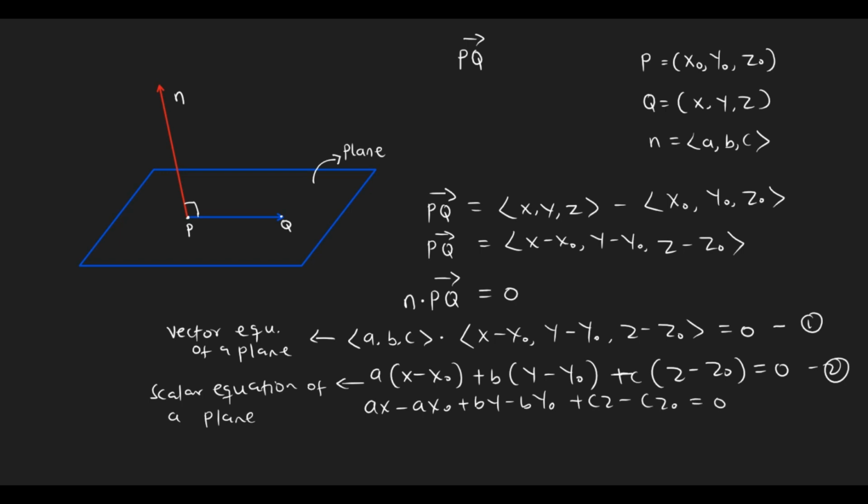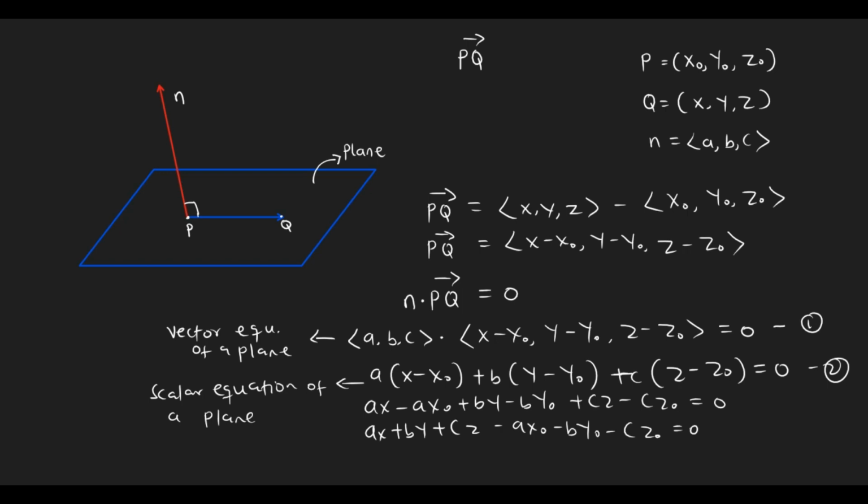So we are going to group terms here. This will give me ax plus by plus cz, minus ax naught minus by naught minus cz naught. This should be equal to 0.